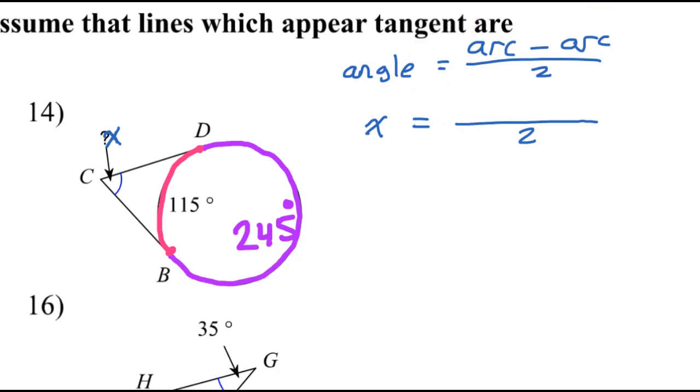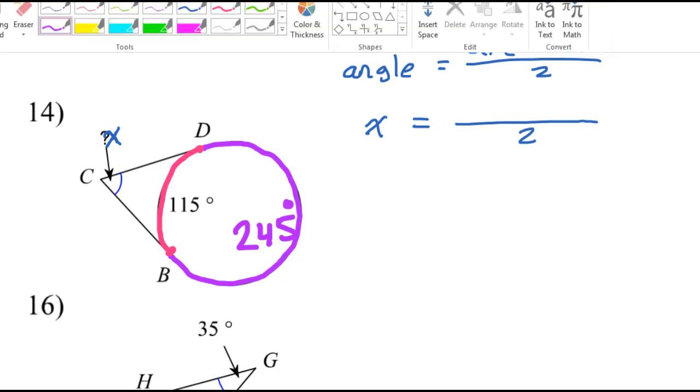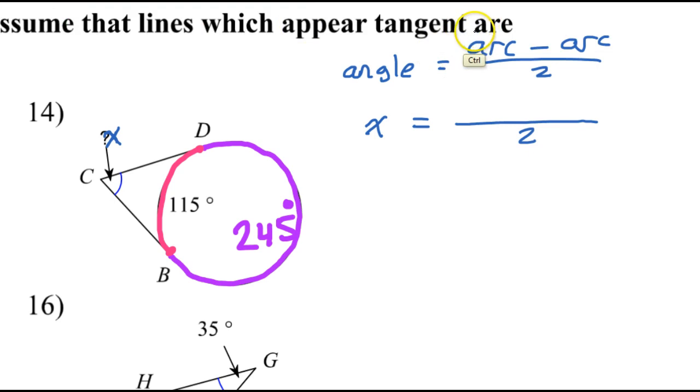So arc minus arc, please understand that we are doing the big arc minus the small arc. Otherwise we'll get negative numbers. So we're going to do 245 minus the 115.